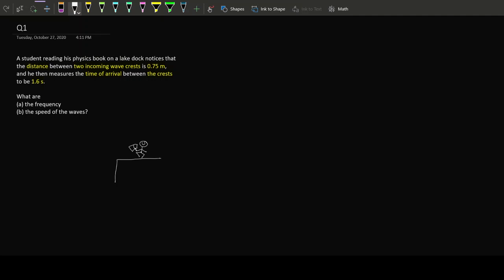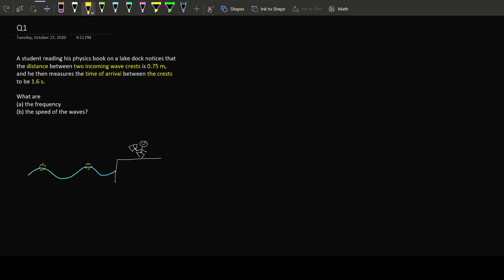He's reading a book, then he notices that because it's a lake, there will be waves at the lake. Then this student notices the distance between the two incoming wave crests. So where is the wave crest? This is the wave crest.